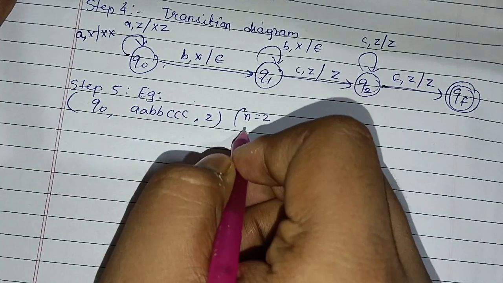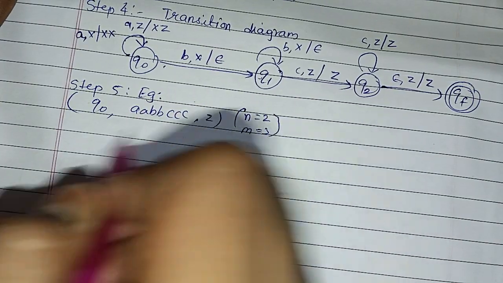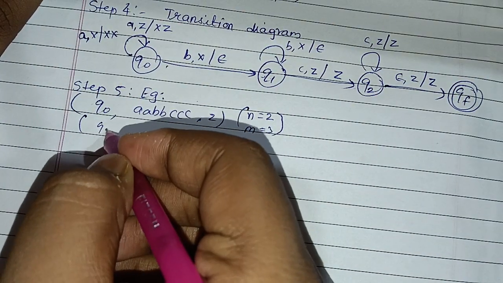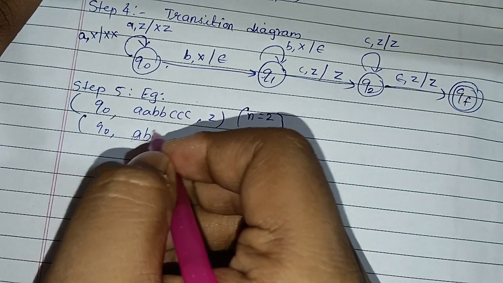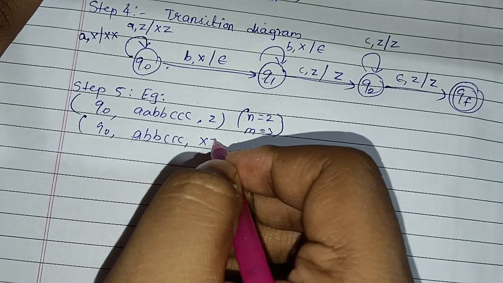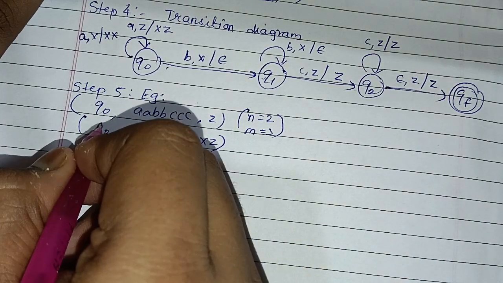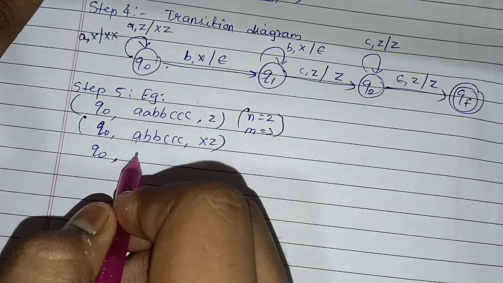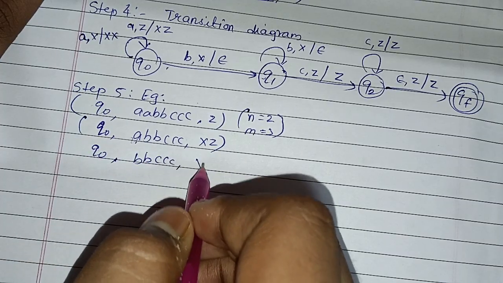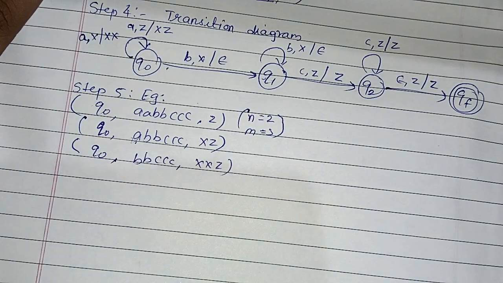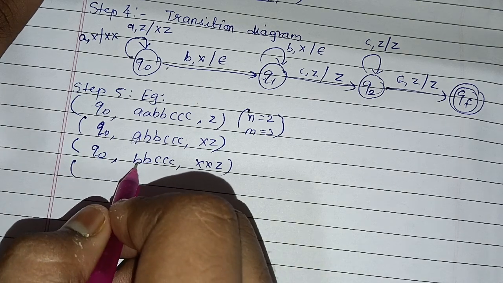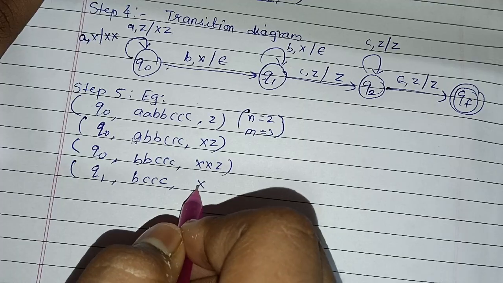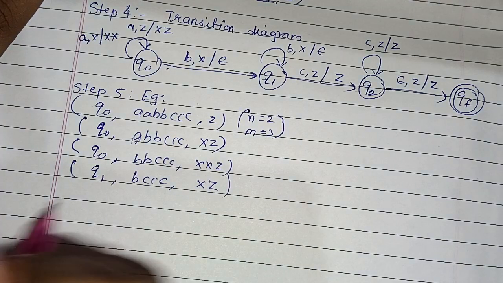Q0 receives a, stays in q0 only, a b b c c c, x Z. Q0 again receives a, stays in q0, b b c c c, again x and Z. Now see, q0 receives b, go to q1, b c c c, pop 1x, it will be x Z.